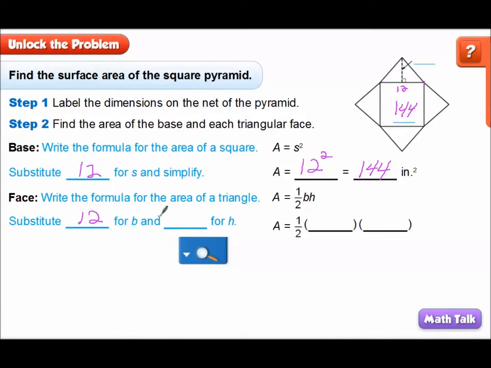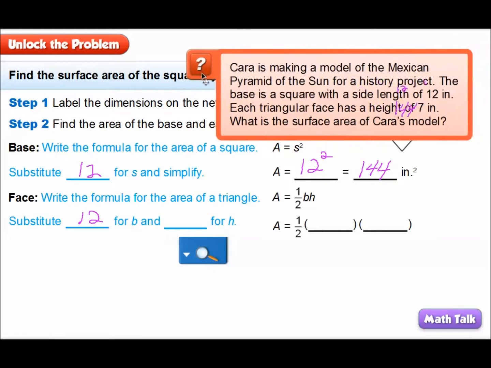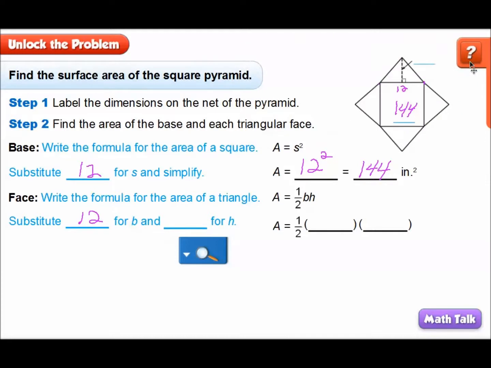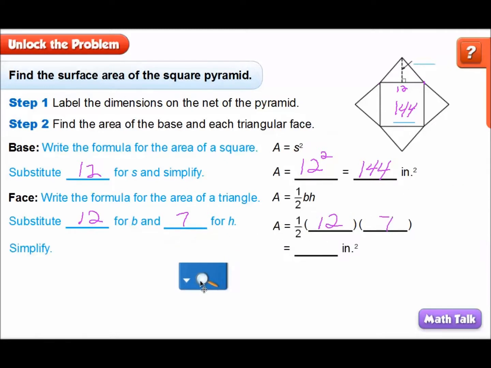I can't remember what it was, so I have to look again. It was 7. So that's where we get the 7 from. Then we plug them into our equation. Half of 12 is 6, and 6 times 7 is 42.